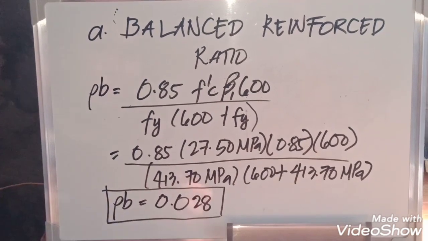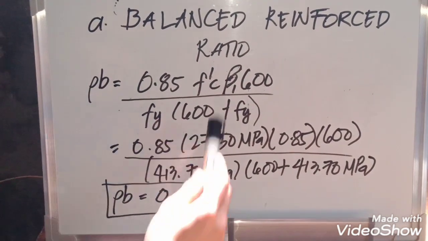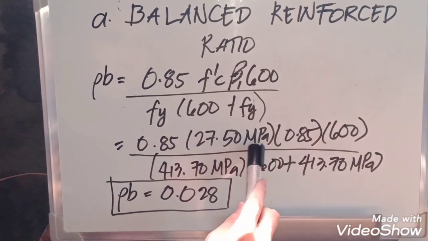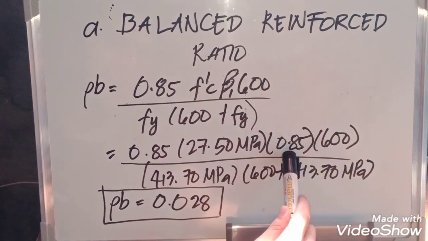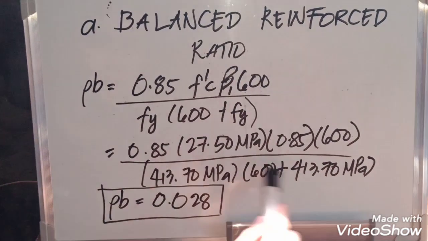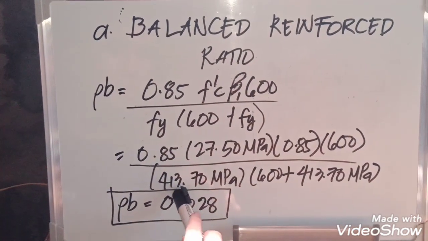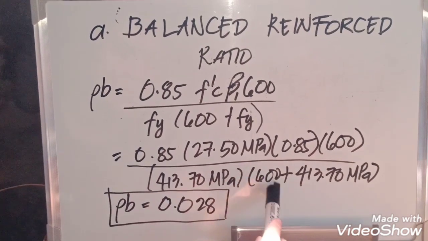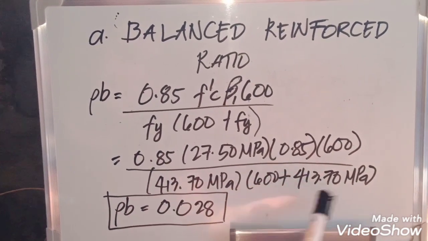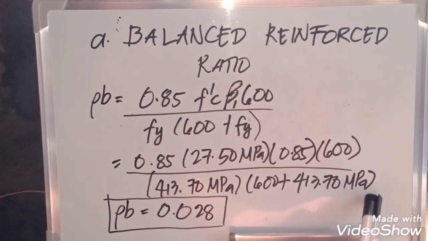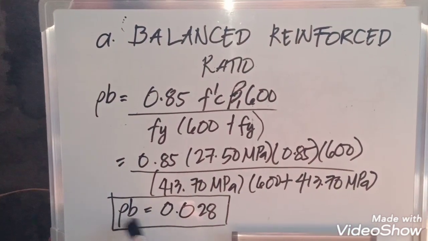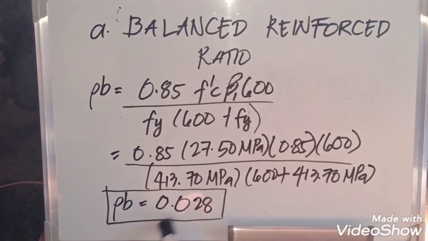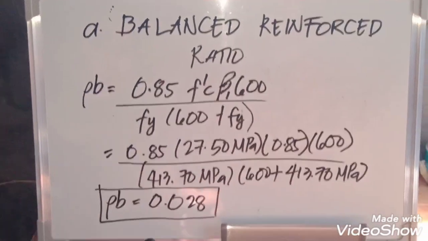That is 0.85 times F prime C, which is 27.50 MPa, times 0.85 times 600, over Fy, which is 413.70 MPa, times 600 plus 413.70 MPa, resulting in PB, or our balance reinforced ratio, equal to 0.028.